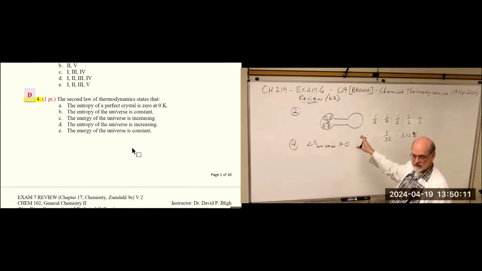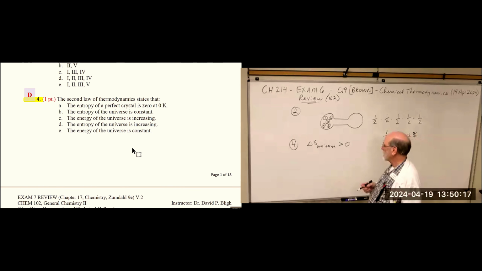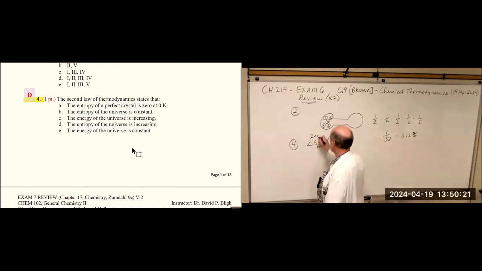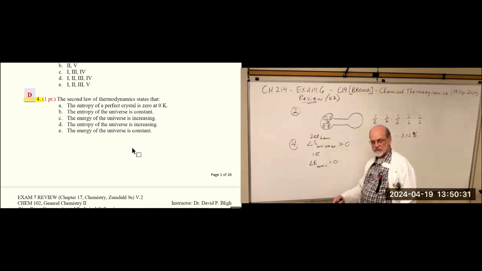That's one way of saying the second law. It's not enthalpy that doesn't change. Oh, this is the second law. The first law just says the change in energy for the entire universe is 0. In other words, the amount of energy you start with is what you've got now.